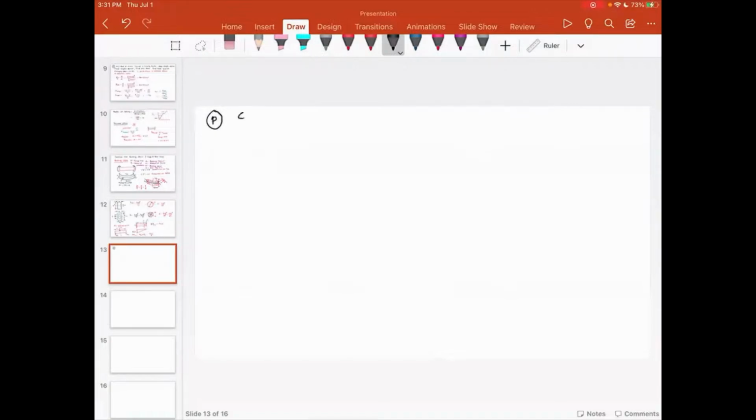So consider the beam shown in the figure.